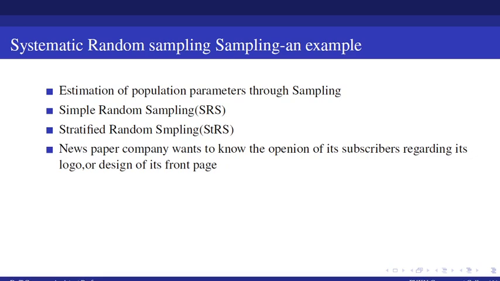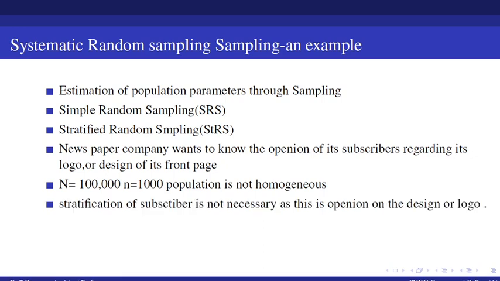Here, the population is not homogeneous, as there are different categories of readers. That is, there are employees, there are businessmen, there are students, etc. Also, they are not in a position to stratify the population into subgroups.